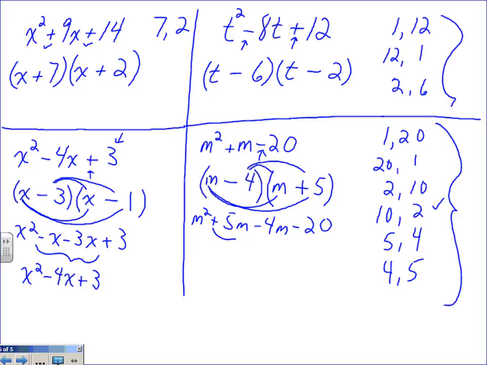I take the two middle terms, and I have 5m minus 4m is 1m, and then minus 20 at the end. So I get what I started with, but now I've factored it with two parentheses.